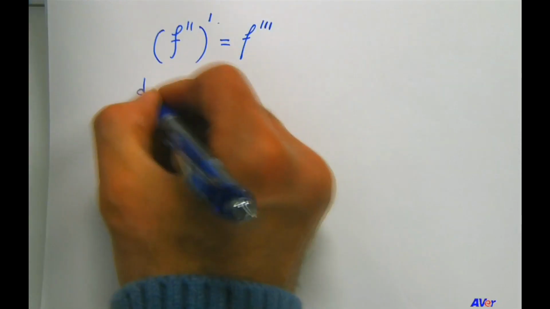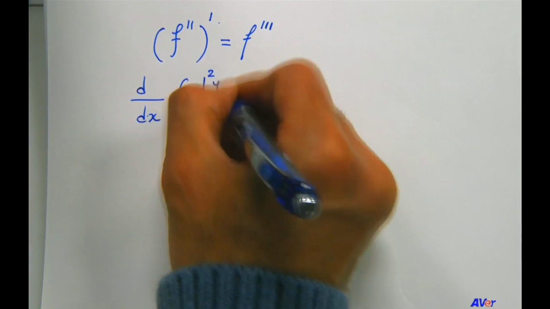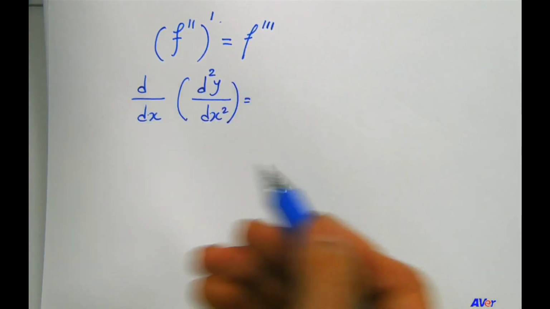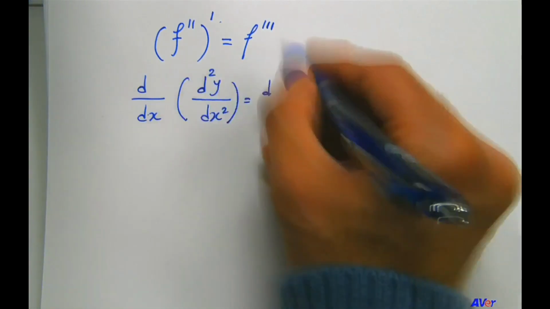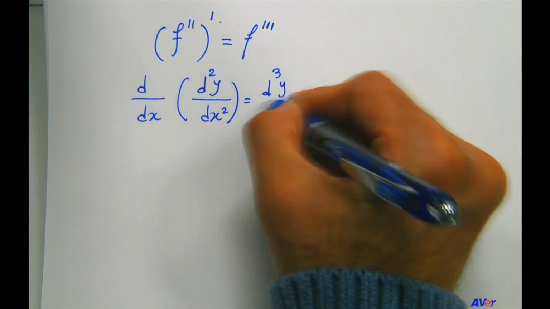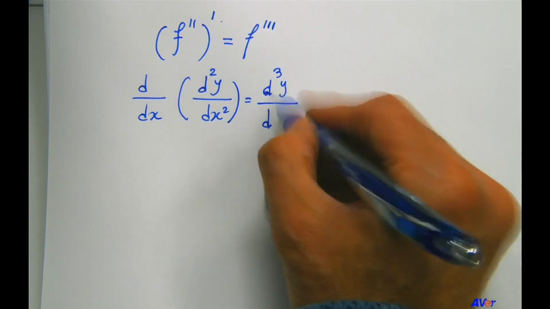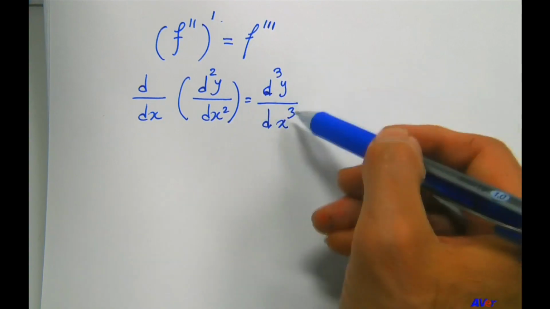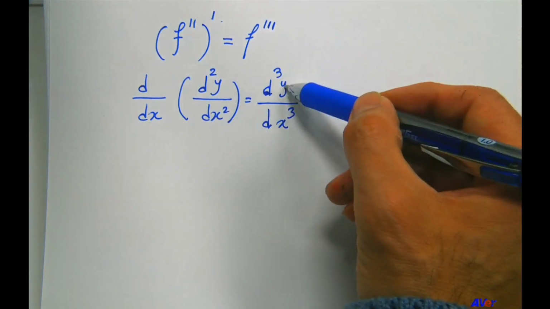Absolutely we can. So if we say d/dx of d squared y divided by dx squared, what do you think this means? This means just multiply those entities. So d times d squared is d cubed y divided by dx cubed. So of course what this means is the third derivative of y with respect to x.